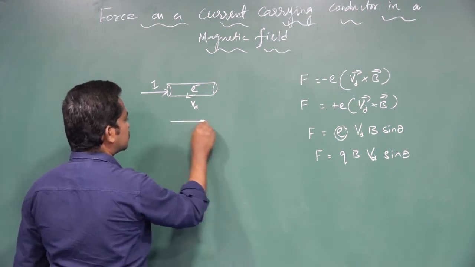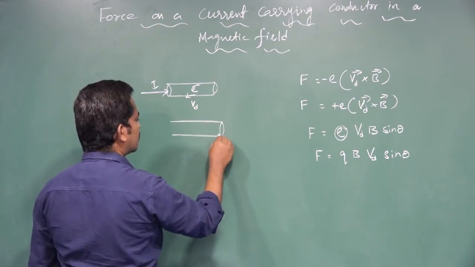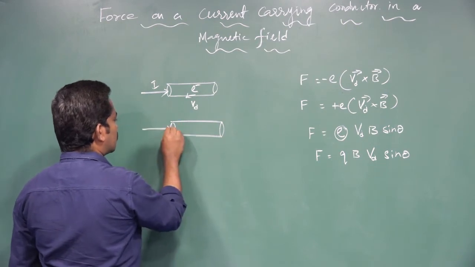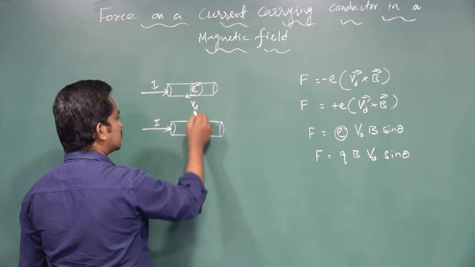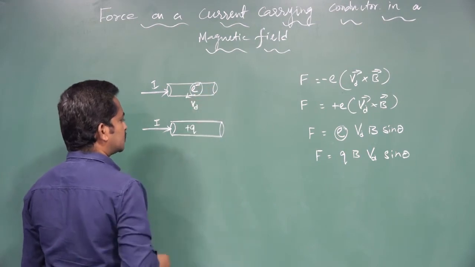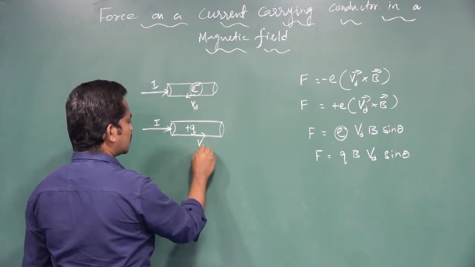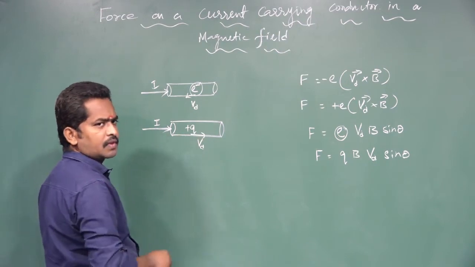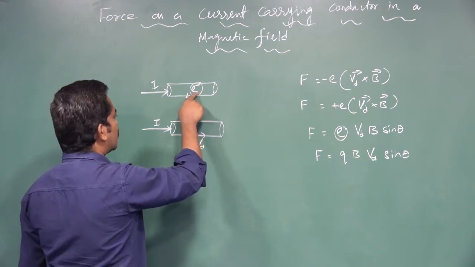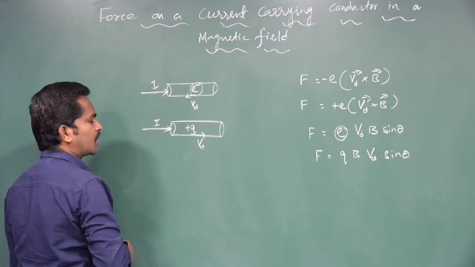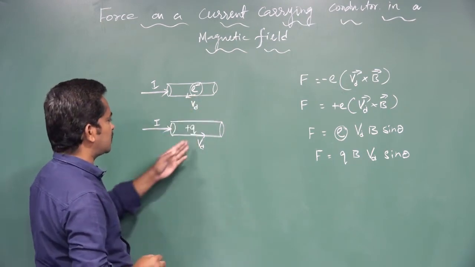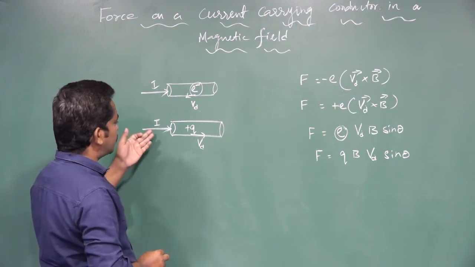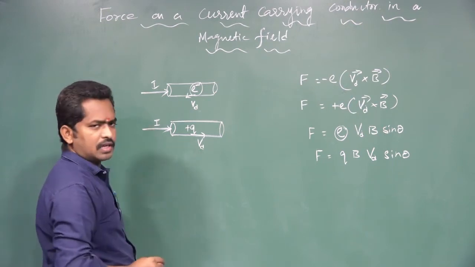If the charge is positive, the drift velocity is along the direction of current. So the drift velocity of an electron is opposite to the direction of current if the charge is negative, and for a positive charge the drift velocity is along the direction of current.